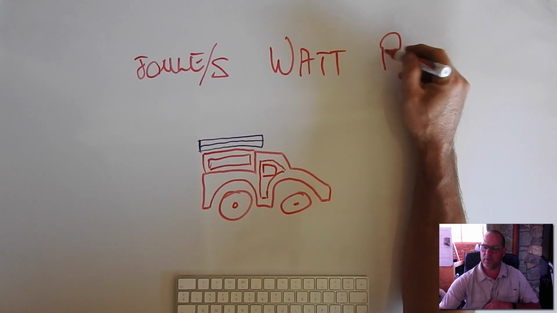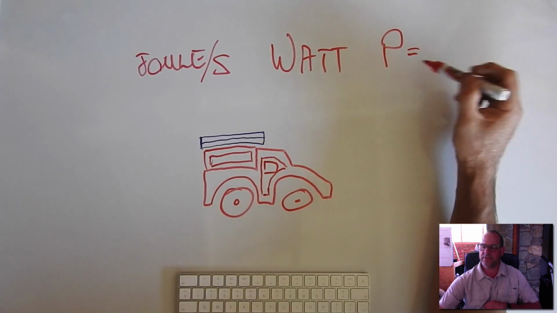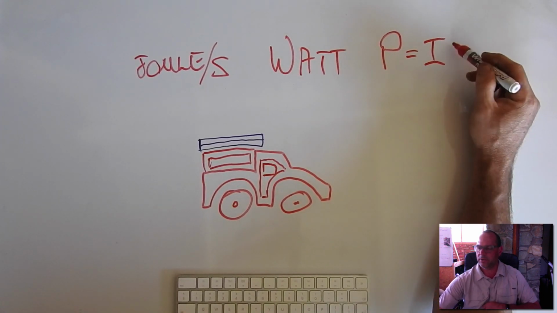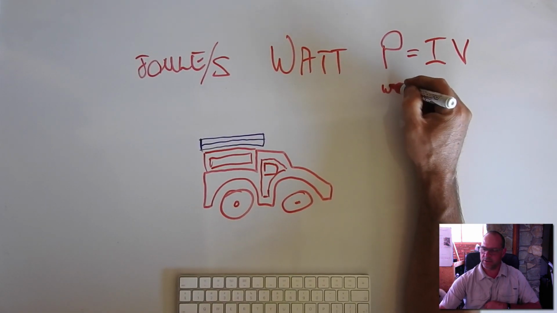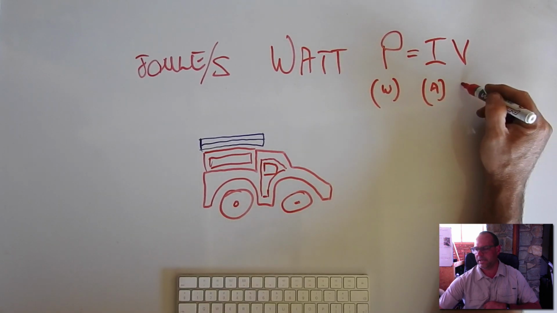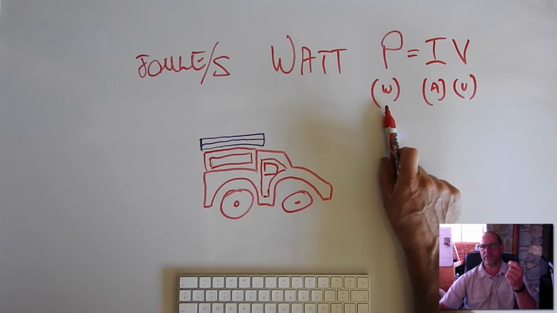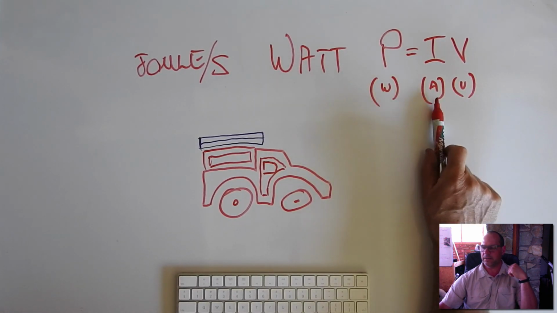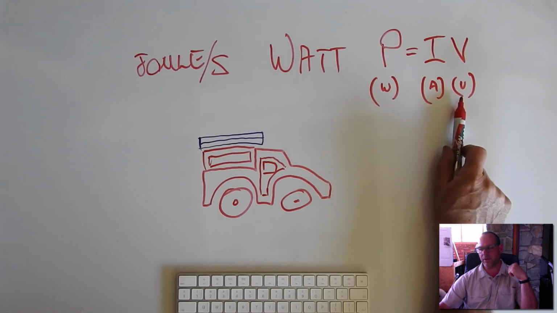And power in the equation is always equated to P. In a typical 12 volt system, P, your power, is equal to your amps times your volts. So this is watts, this is amps, and this is volts. So to get the wattage of anything in my vehicle, I calculate it by multiplying amps with volts.